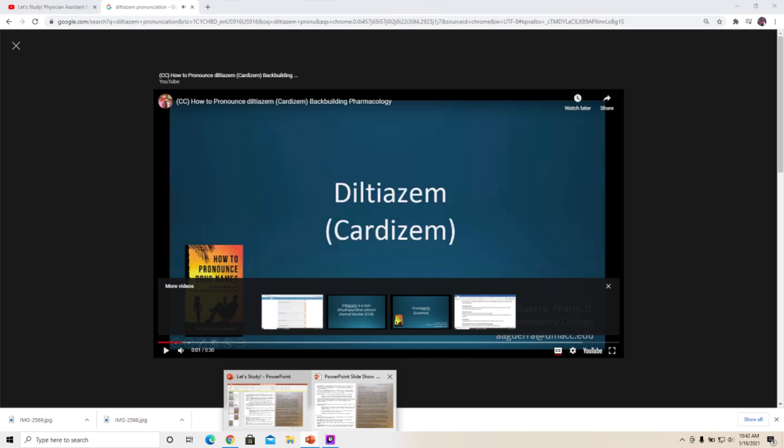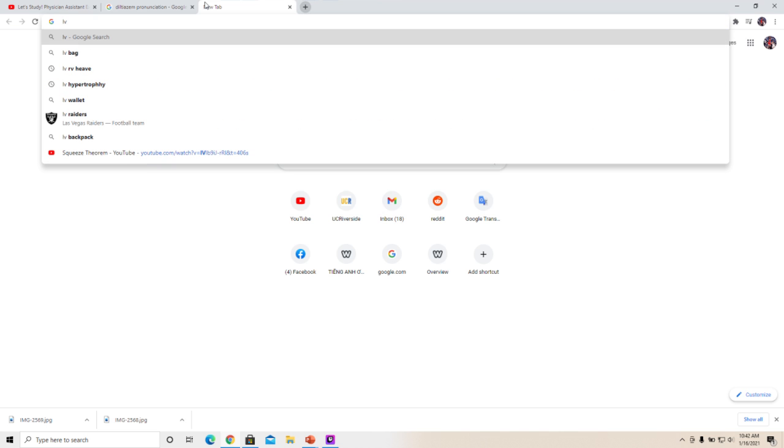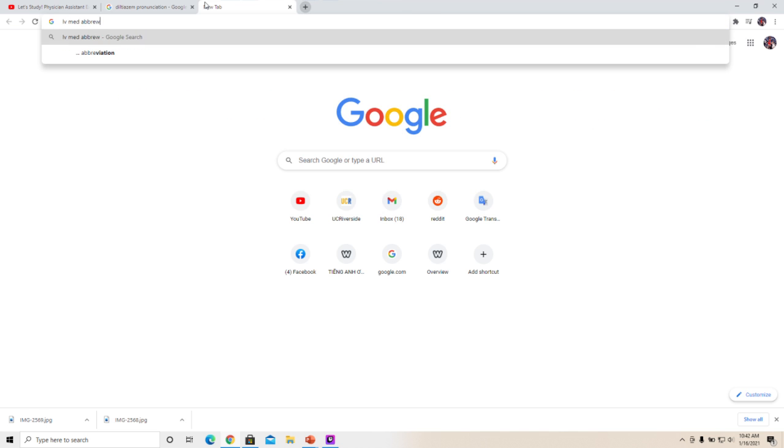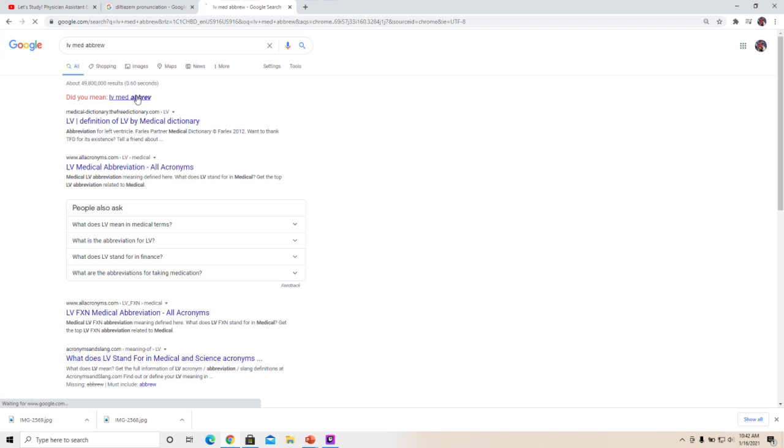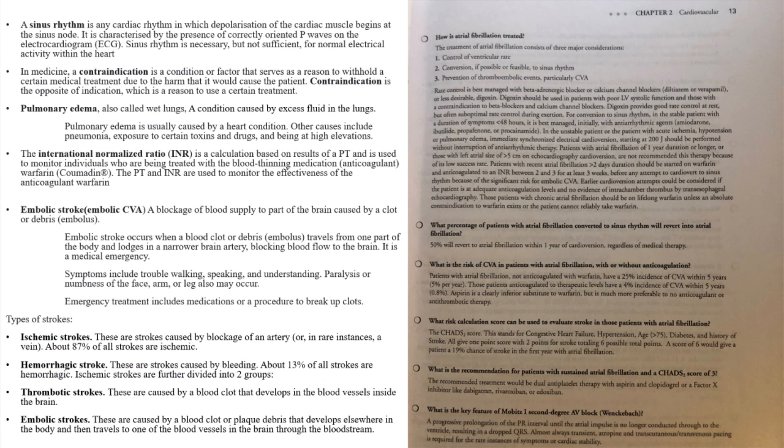Digoxin should be used in patients with poor left ventricle, I have to make sure that stands for LV. Yep, left ventricle systolic function, and those with contraindication to beta blockers.